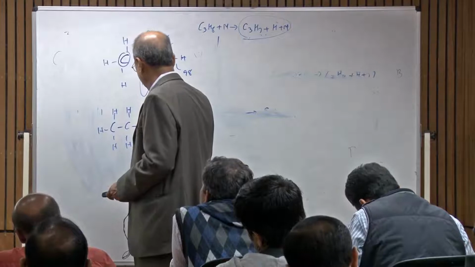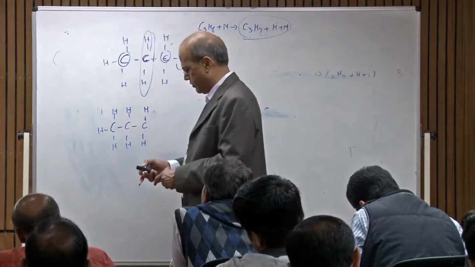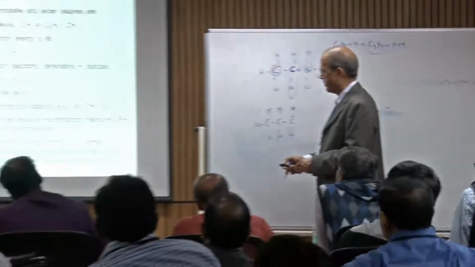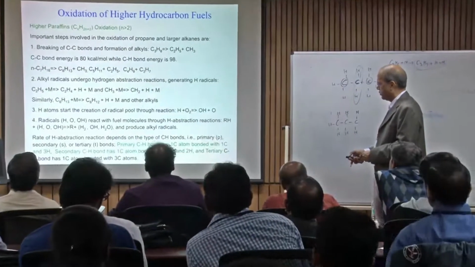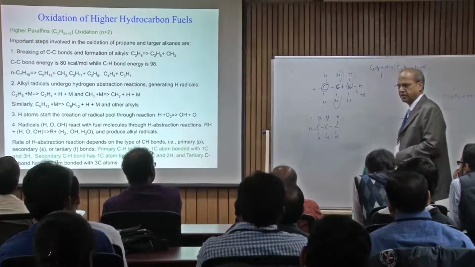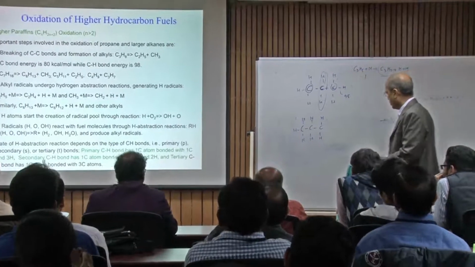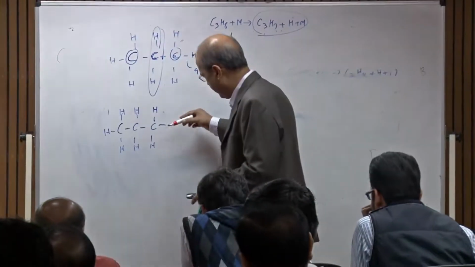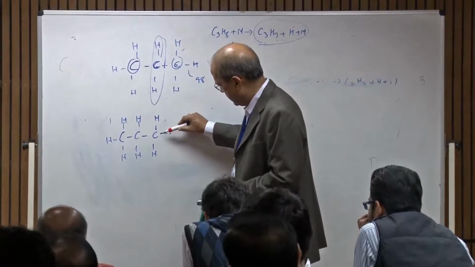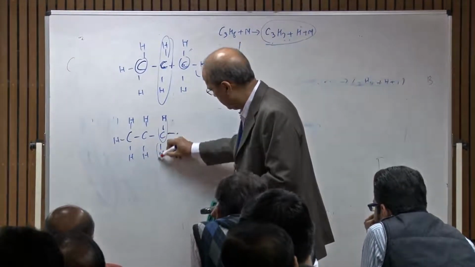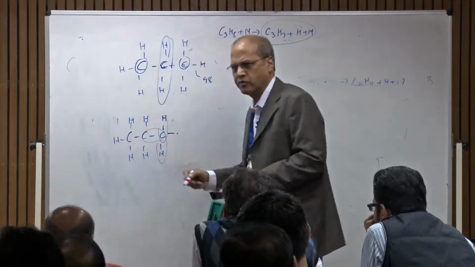You remember where we are, on the fourth step, you produce this R, which is alkyl. So you remove H. Once you remove this H, these three bonds become stronger.